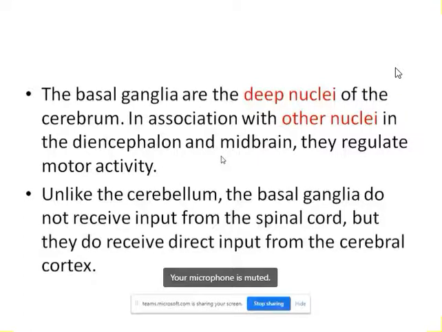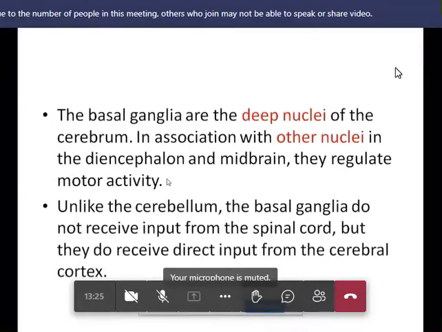Basically, what type of motor activity do the cerebellum and basal ganglia do? I forgot to tell that the basal ganglia and the cerebellum, the advanced part of the cerebellum, are involved in the planning and programming of motor activity. Means they will fire before the motor activity is executed.